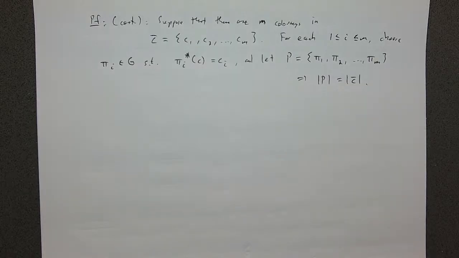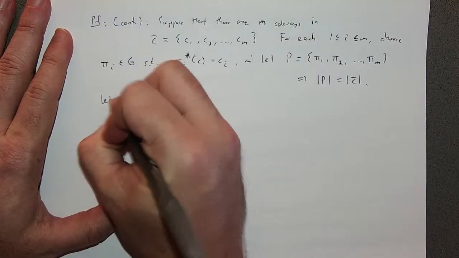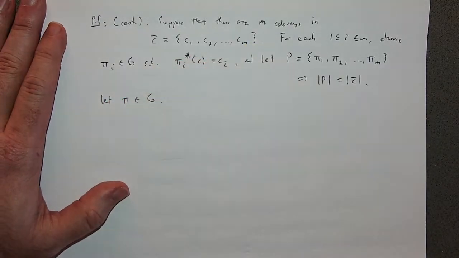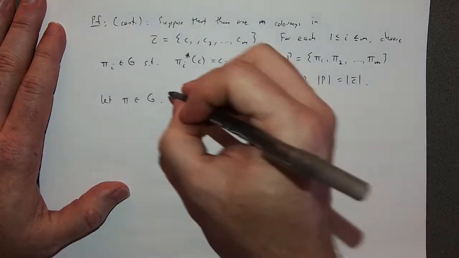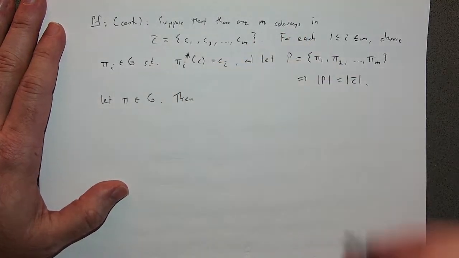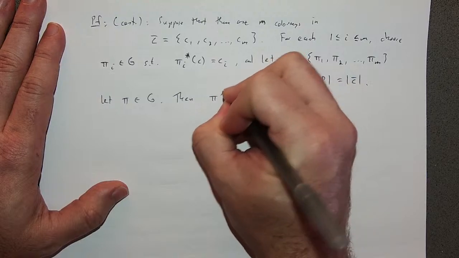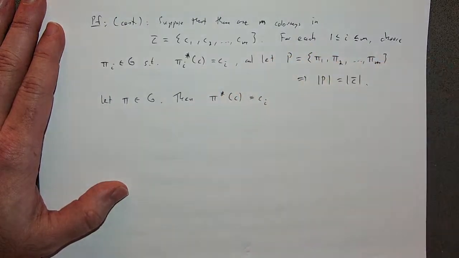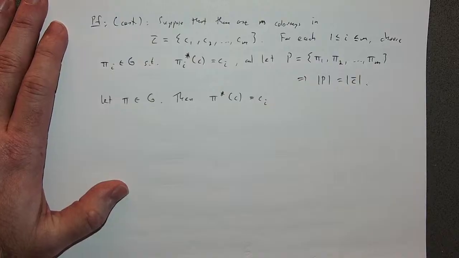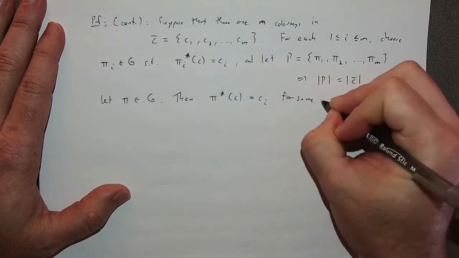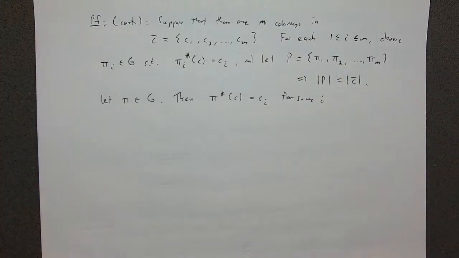Now, let pi be a completely arbitrary permutation in our group G. Then what I know is that pi star of C is equal to C sub i for some i. It has to be one of the colorings here.